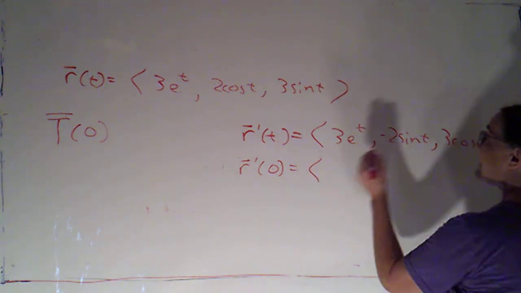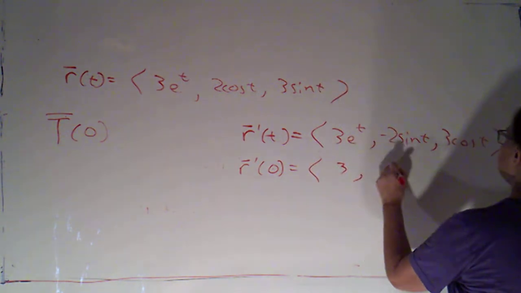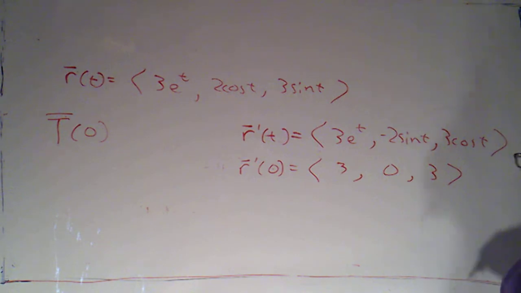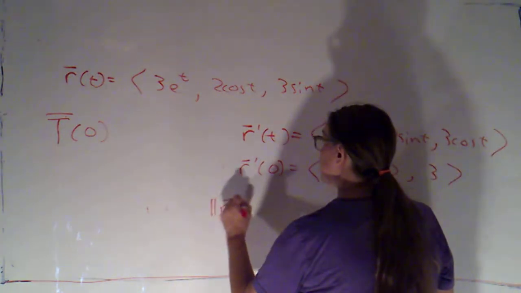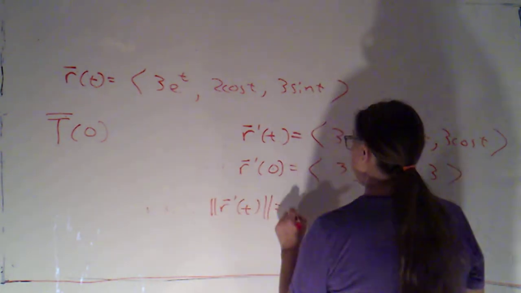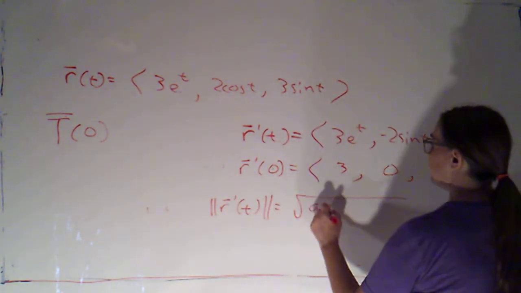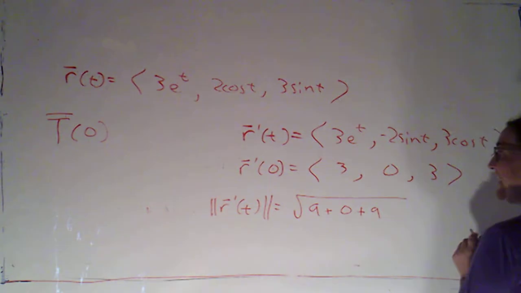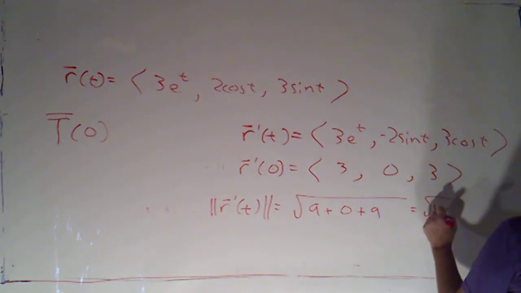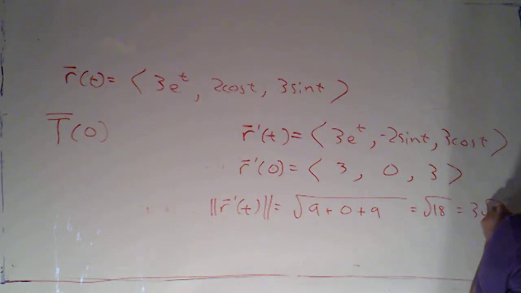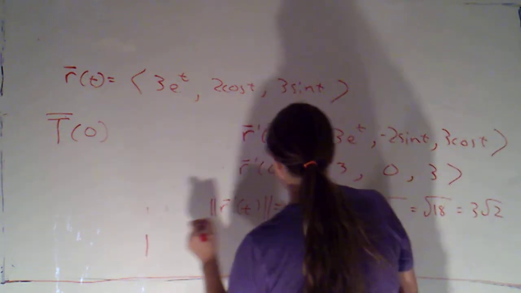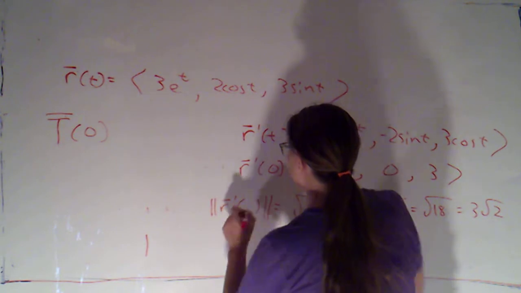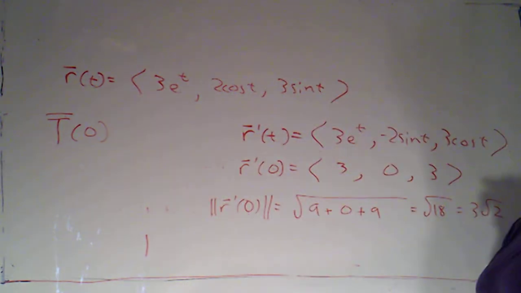So r prime at 0 would be 3, 0, 3, and then I can normalize that. So the magnitude of r prime of 0 is the square root of 9 plus 0 plus 9. So that's the square root of 18, which is 3 root 2. That was the magnitude of r prime of 0, 3 root 2.